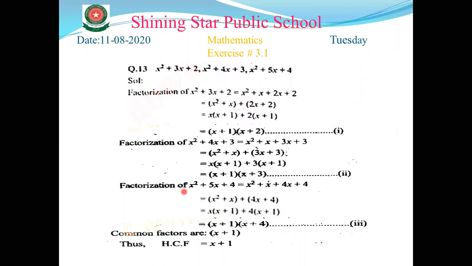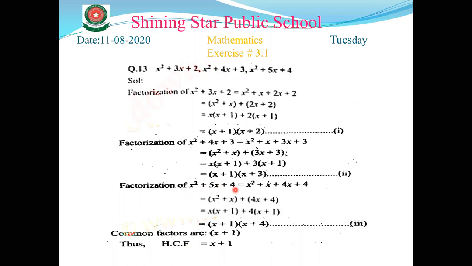Now, x square plus 5x plus 4. We have to find the two numbers. If we multiply, we must get 4, and if we add them, we must get 5. Okay, so the numbers are 4 and 1.